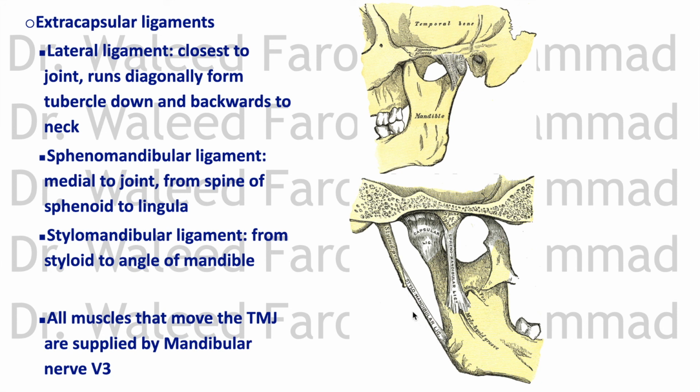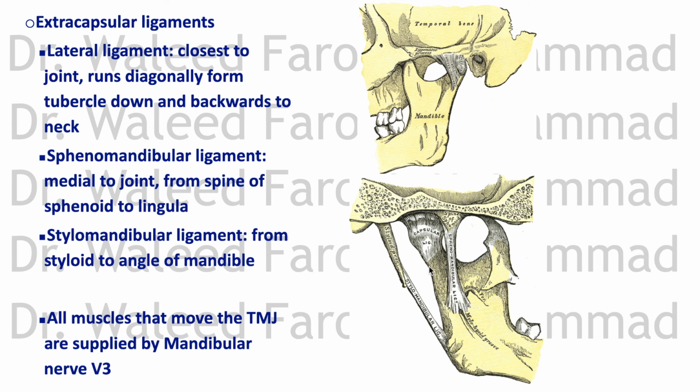So give it a name: stylomandibular ligament. We can't say, for example, that the stylohyoid ligament is a ligament for the TM joint. No, it has nothing to do with the joint. This keeps the mandible up, as well as the sphenomandibular ligament, which means the articular surfaces are articulating and not separated.